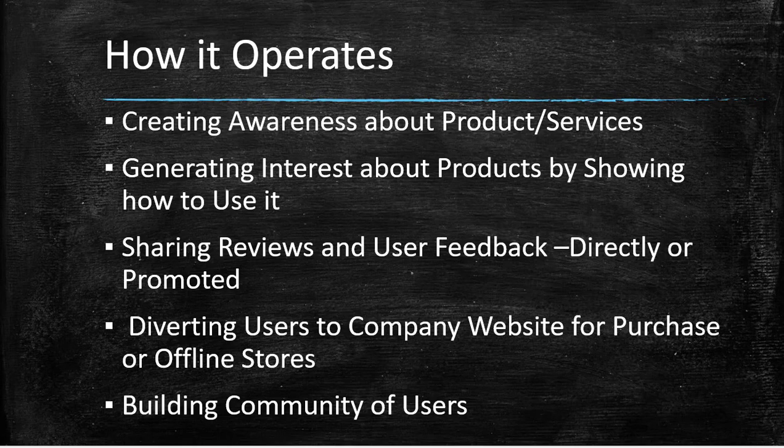You can use social media to divert traffic to your website or to an offline store. You can use social media to build a community of users who have the same needs, same behavior, same action pattern. It can help you communicate with them at one place, and that too in a better and more focused way.